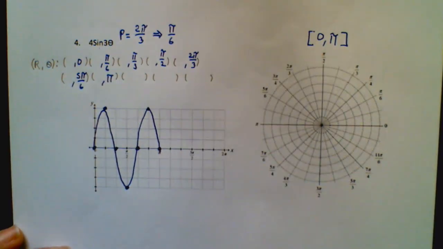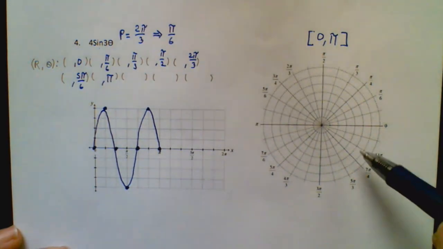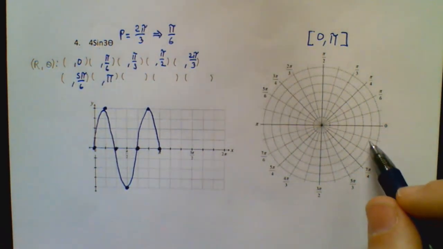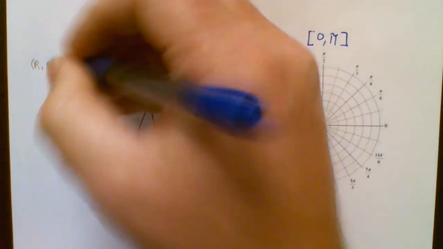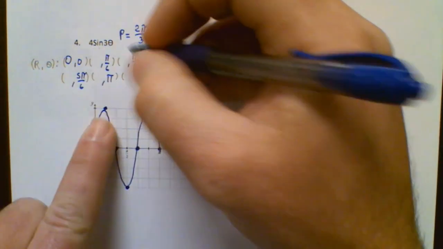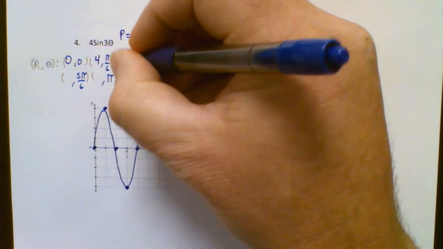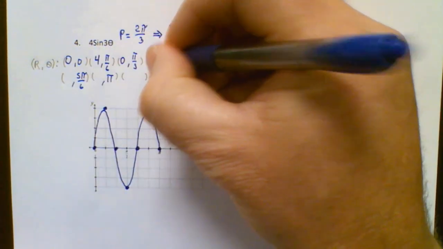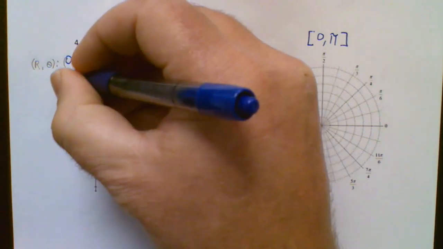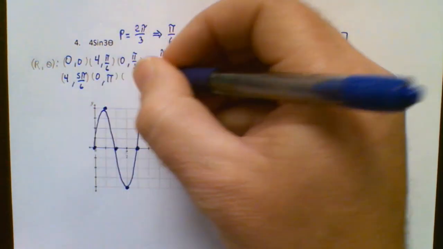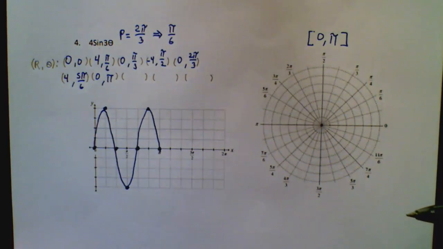See how that relates to the points on this and the order in which they appear. So that's also why we're doing this. So started at 0, traveled to 4, back to 0, minimum, 0, max, 0, so on and so on.